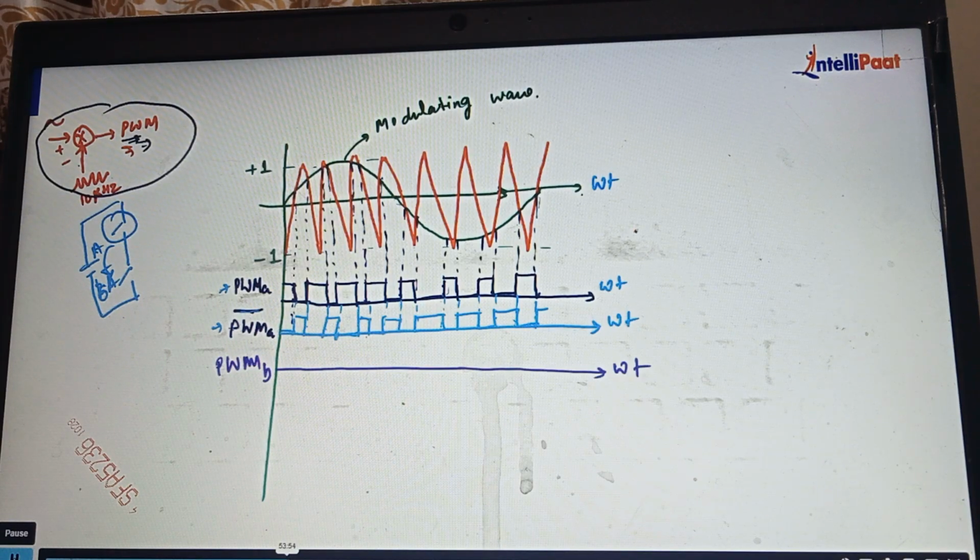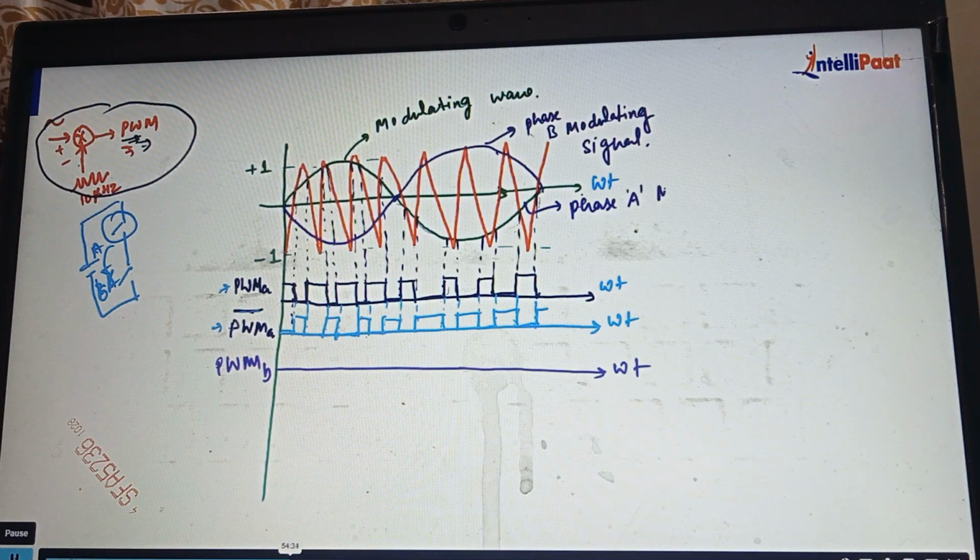For PWM-B, you have to draw one more waveform, right? So if phase A modulating wave is in this way, the phase B modulating wave will be somewhere like this. So this is representing the phase B modulating signal, and this is representing the phase A modulating signal.